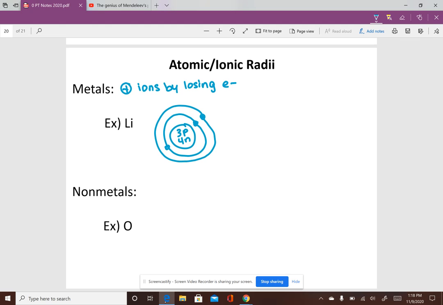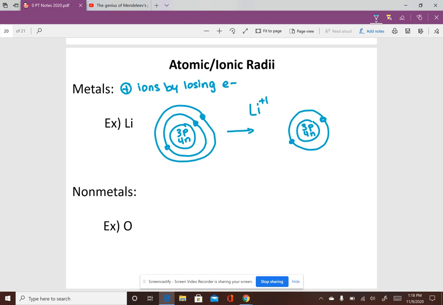Now, for lithium to become a lithium ion, what does it have to do? It has to lose 1 electron. So how is my picture going to look different? One whole shell is gone. So what happened to my radius as I turned into an ion?